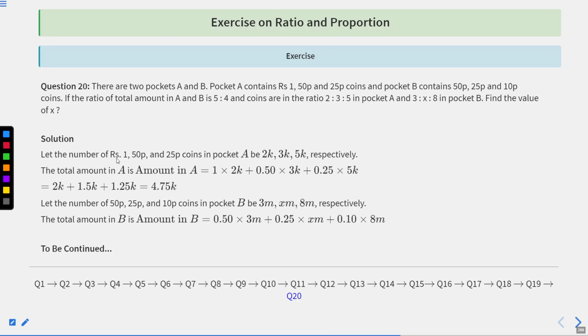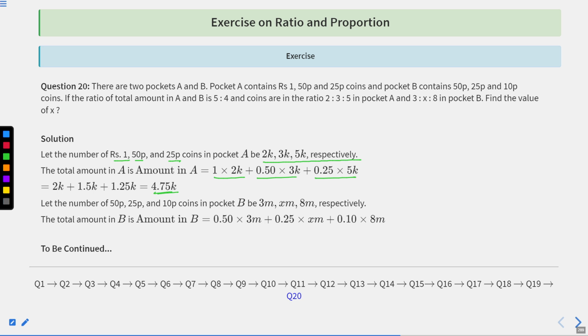So let the number of 1 rupee, 50 paisa, 25 paisa coins in pocket A be 2k, 3k and 5k respectively. So the total amount in A is 1 into 2k, 0.50 into 3k and 0.25 into 5k. So the sum will be equal to 4.75k.